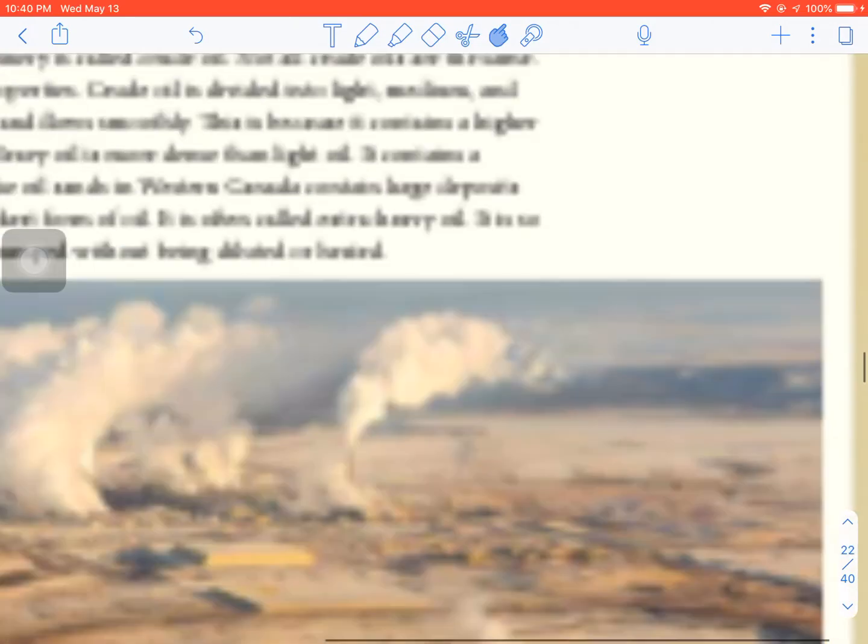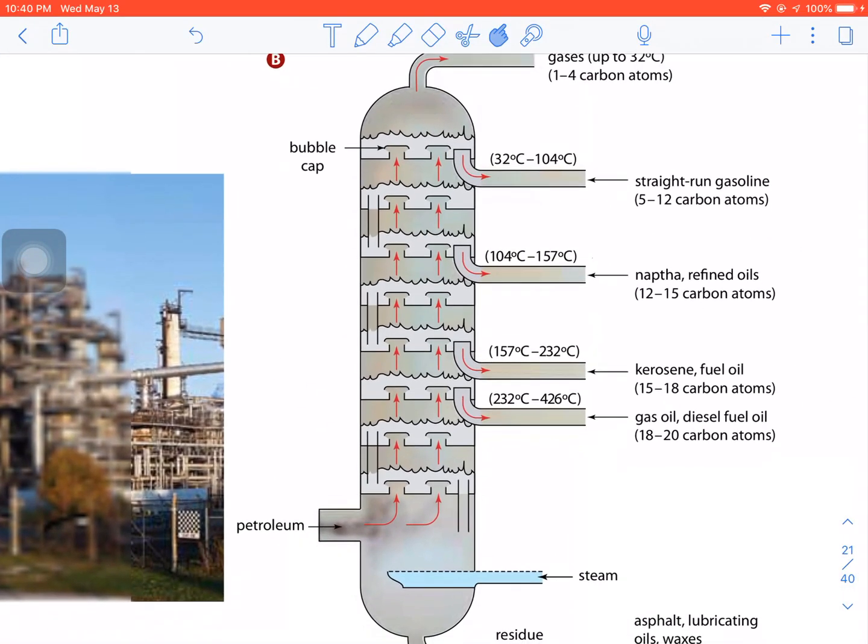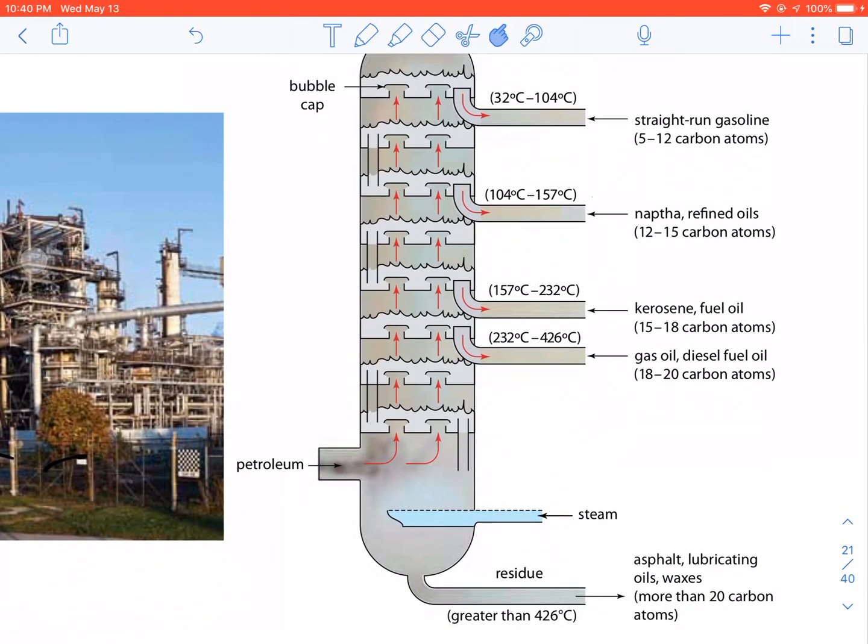And again, if we go back to our picture from yesterday, notice that our petroleum is coming in on this side here. Some of it is going to escape down here. Right, that's the heavy carbons, probably a liquid. We never even got it to the gas state. And then as the gas goes up the tower, it's going to cool. At each one, as some of it turns back into a liquid, the liquids will be collected at the appropriate temperatures.